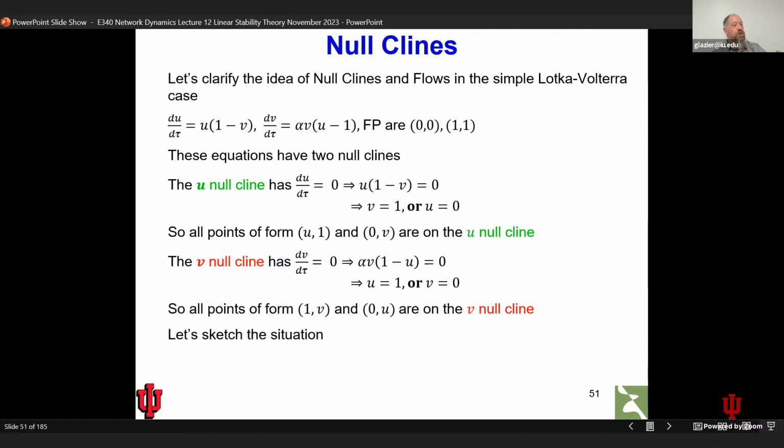Okay. We're just going to write this as two differential equations. du by dt is equal to u times 1 minus v. V is the predator. U is the prey, and V is the predator.